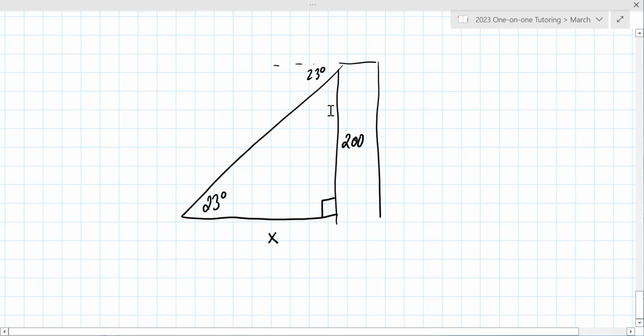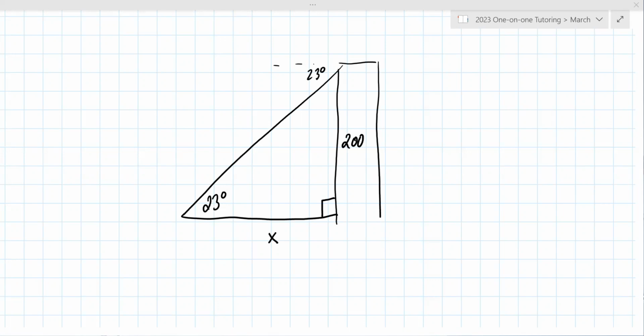All right, so just like before, relative to this angle, you have the opposite and the adjacent. I want you to set up your trig function and solve for X. Okay. So you'd be using tangent.